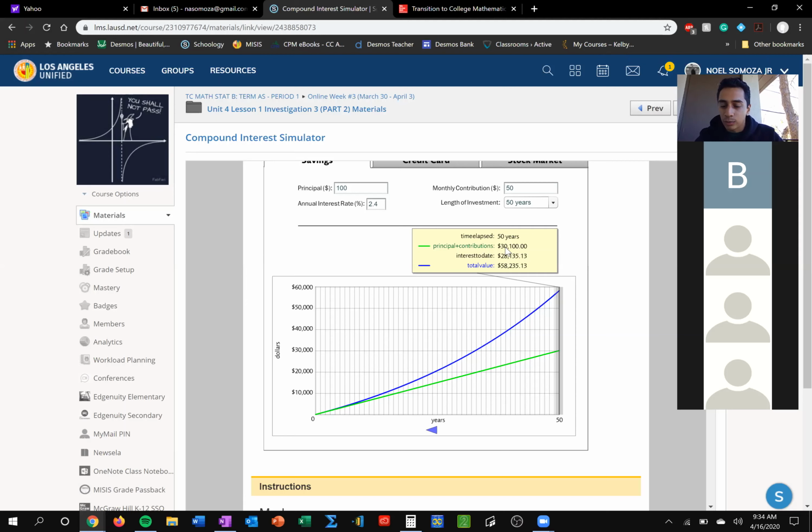By the time you reach those 50 years, by the time you're 68, you've contributed 30,100. Pretty good. But look at the interest you've earned over that time, 28,000. It's almost as much as what you contributed. So that's a pretty good deal in terms of being smart about where you put your money, because it's basically doubling what you contributed yourself, without having to do much besides put it away into an account and not touch it.